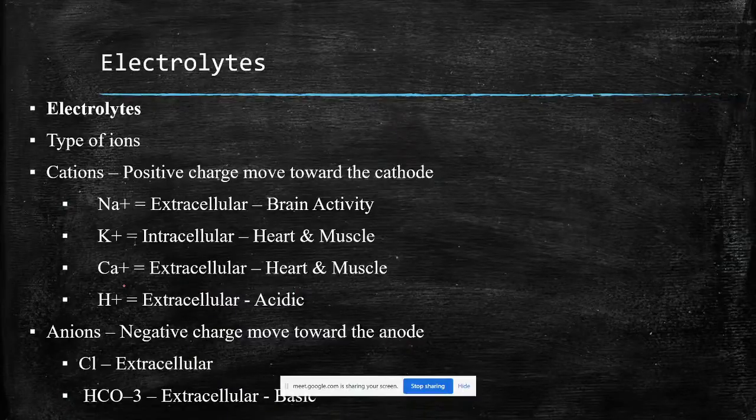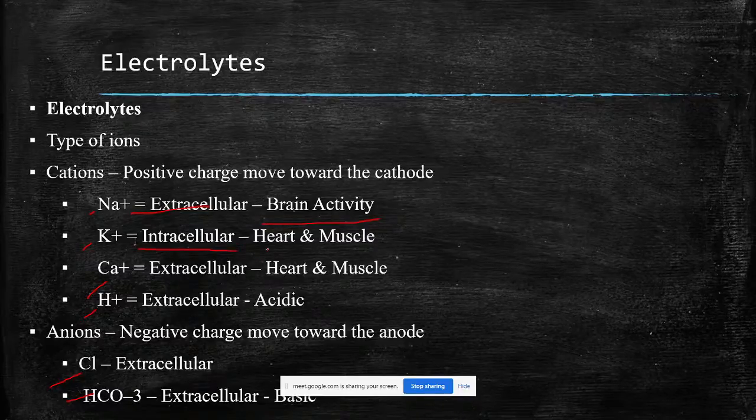Okay, so what are the electrolytes that can be measured by this? Here sodium, potassium, calcium and protons are the cations that can be measured. Chloride and bicarbonates are the anions that can be measured. Sodium is a major extracellular electrolyte. It helps in brain activity, and potassium is an intracellular electrolyte.